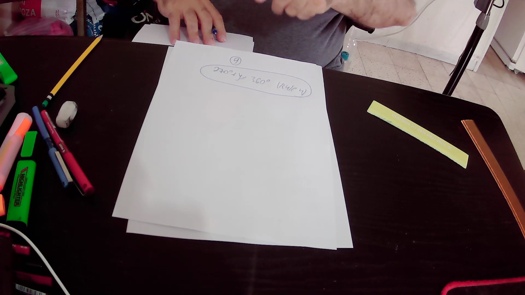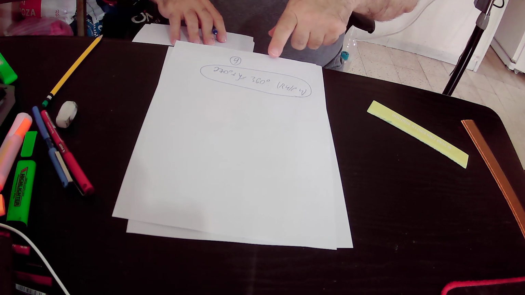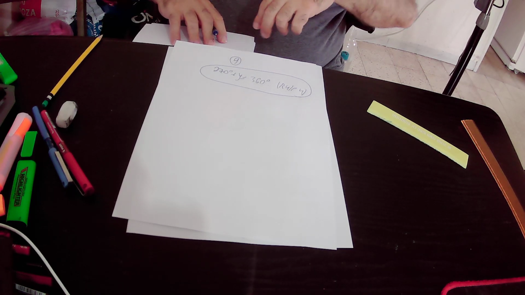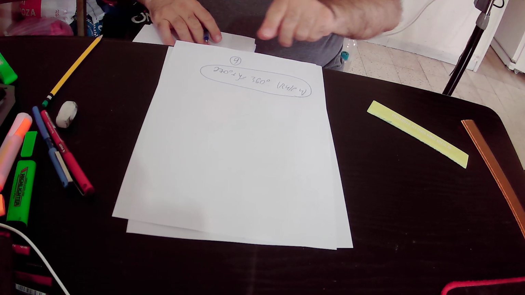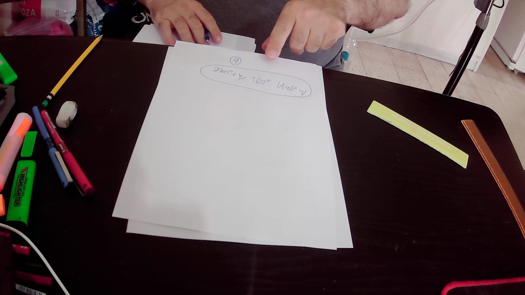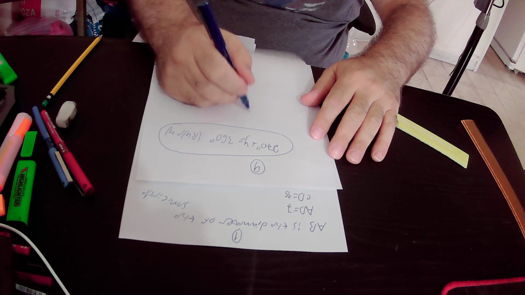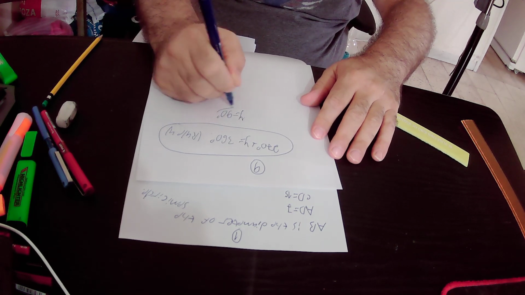So from this equality, we will subtract 270 degrees and we will get that angle Y equals 360 degrees minus 270 degrees, that is actually 90 degrees. So angle Y equals 90 degrees in its size.